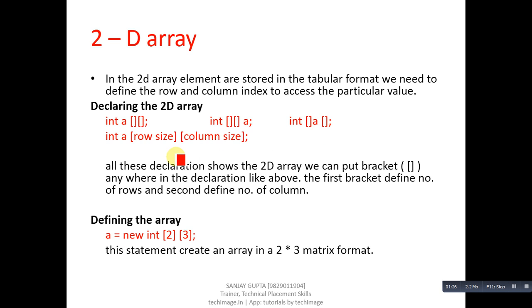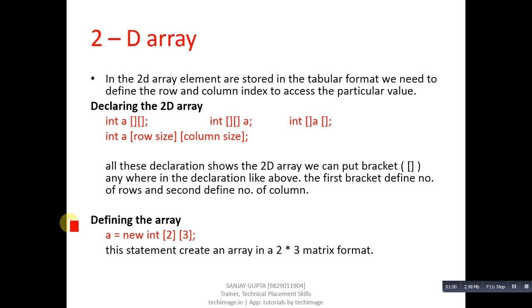This is the expansion of the declaration of a 2D array. In the first square bracket, you mention the row size, and in the second, the column size. All these declarations show a 2D array. We can put the bracket anywhere in the declaration like above. The first bracket defines the number of rows and the second defines the number of columns. So this is the declaration.